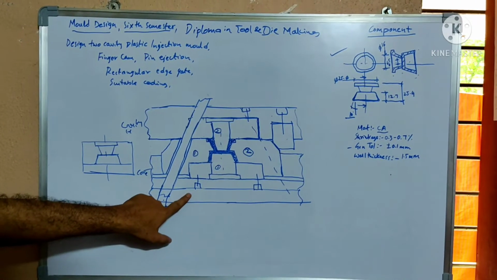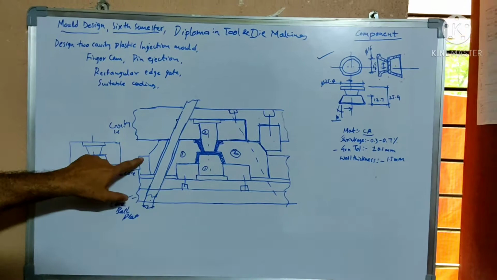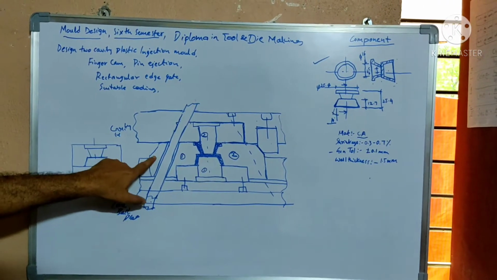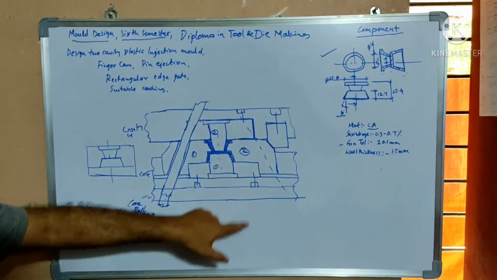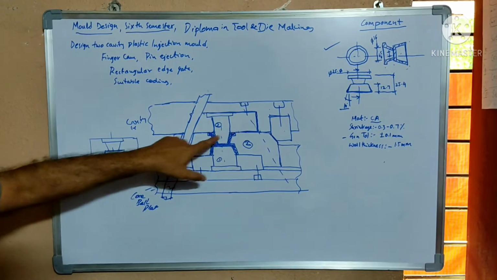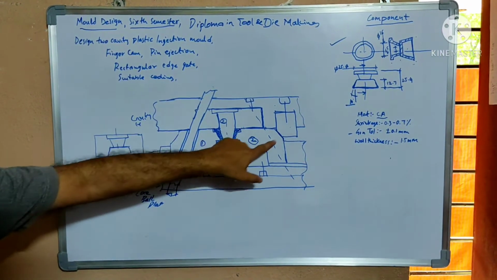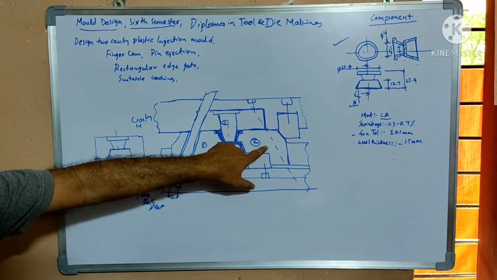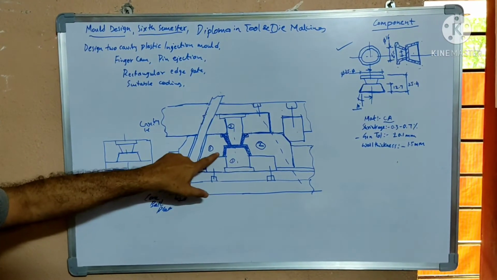Now this one is the core back plate, core housing plate, cavity housing plate, side core, core insert, finger cam, and the wedge, which is used to lock side cores 1 and 2.